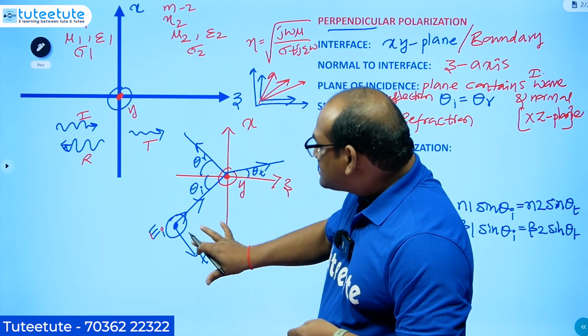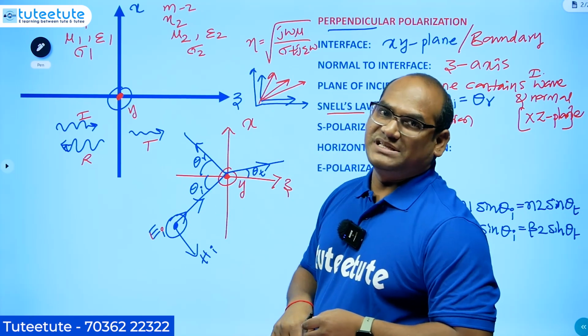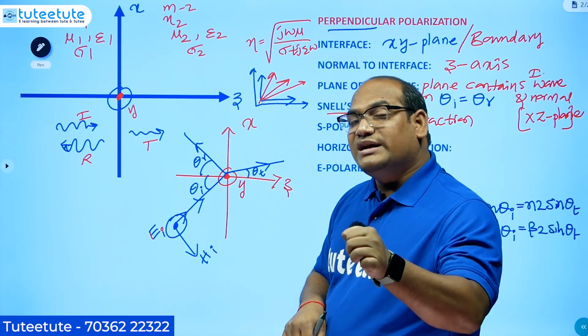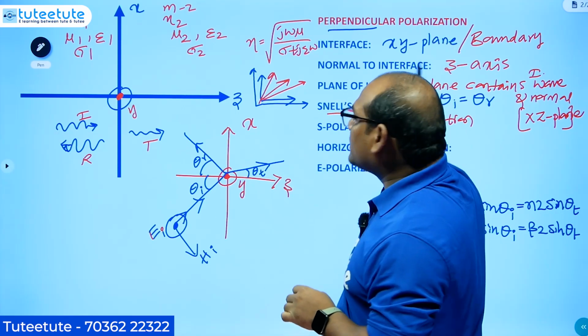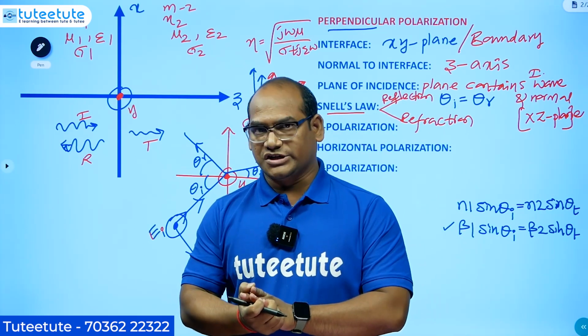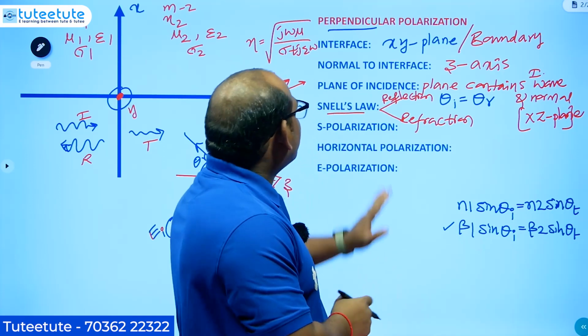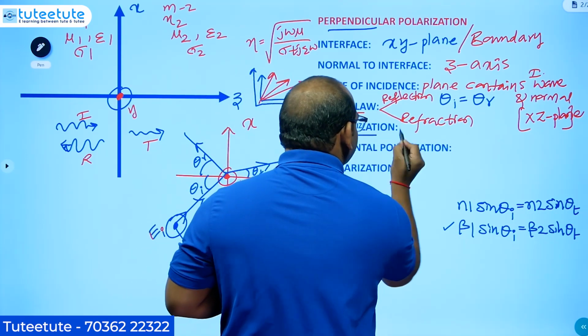Okay, so HI is on the plane of incidence only, but EI is coming out of the plane of incidence. So since the electric field is perpendicular to the plane of incidence, it is called perpendicular polarization. That is the exact definition of the perpendicular polarization. Now this perpendicular polarization can also be called S polarization.